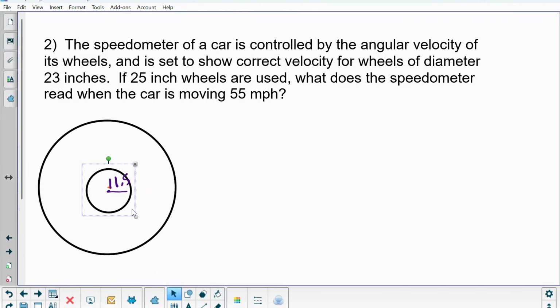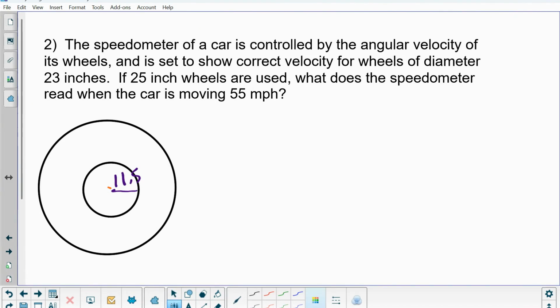Let me make this one just a little bit bigger. Okay, so what they're saying they did is the car normally has a wheel of 11.5 inches as its radius. But instead of putting that size wheel on the car, they're putting a wheel that has a 25-inch diameter, so a 12.5-inch radius.